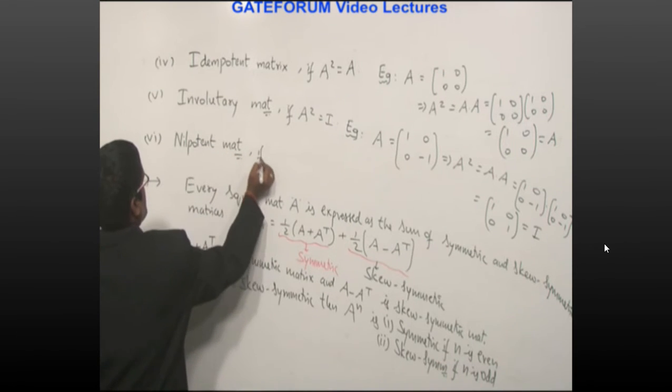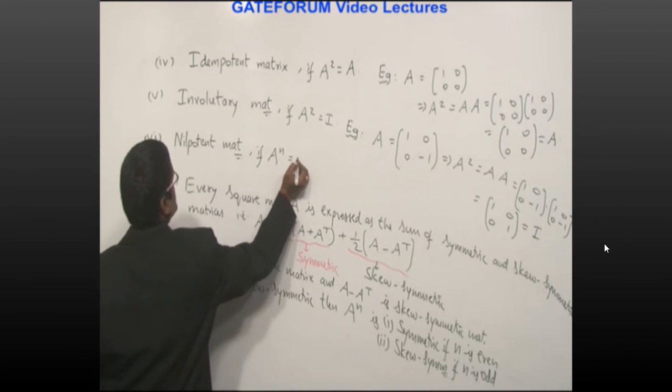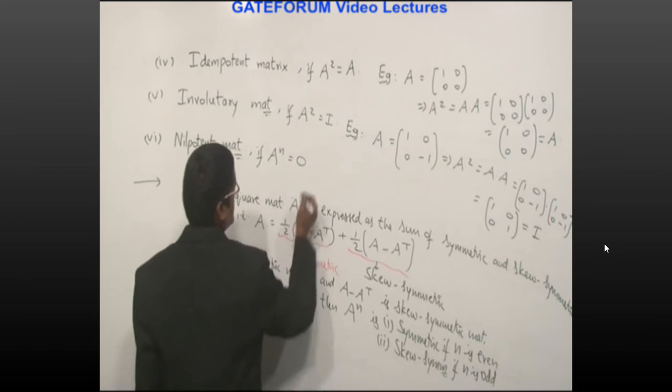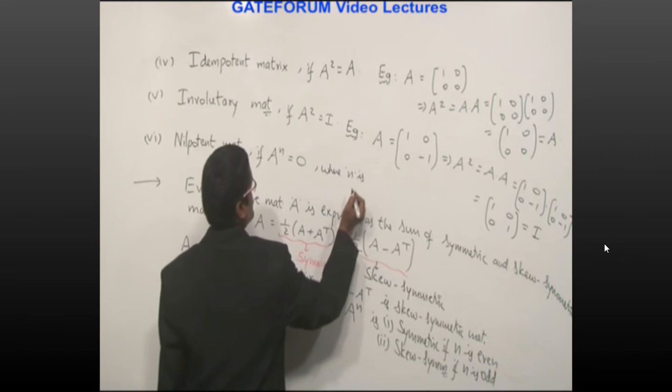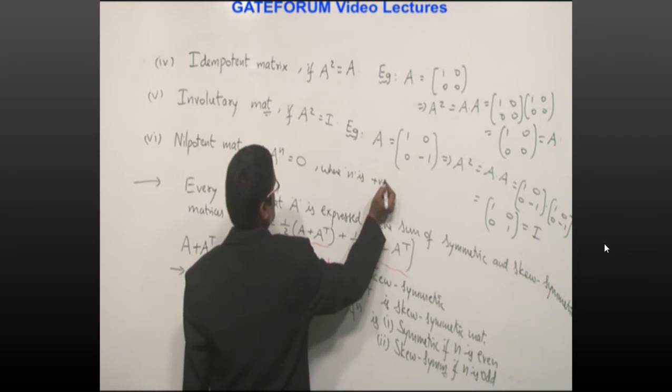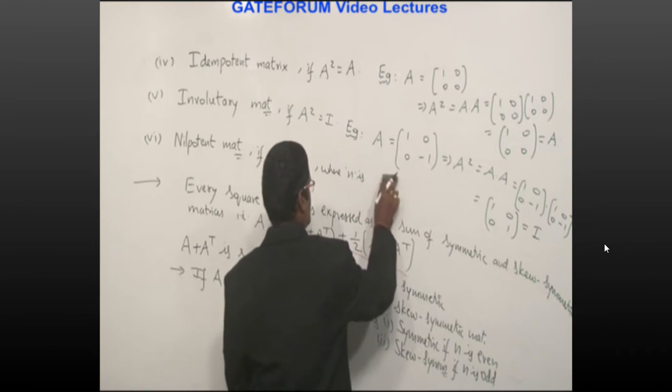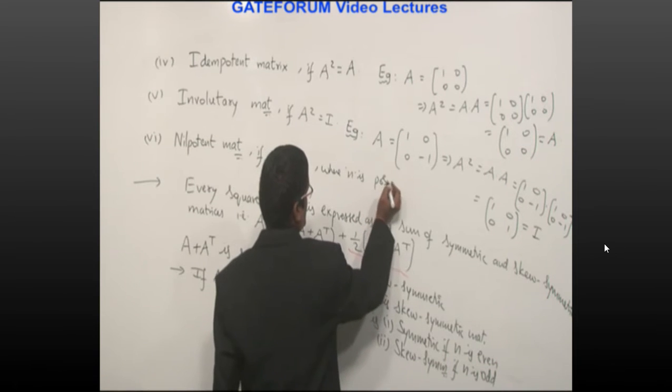And the sixth one, nilpotent matrix. If A to the power n is equal to O, O is a null matrix, where n is a positive integer or natural number.